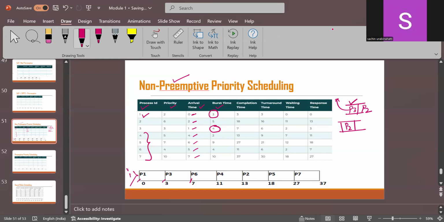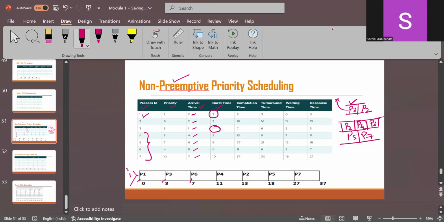The first process arrived after P2 in the queue is P4, and after that P6 arrived, then P5, and the last one, at the 7th unit of time, is P7. So this is the order in which the processes will be executing.